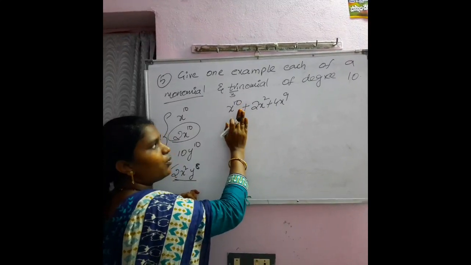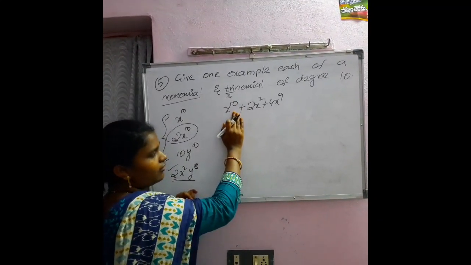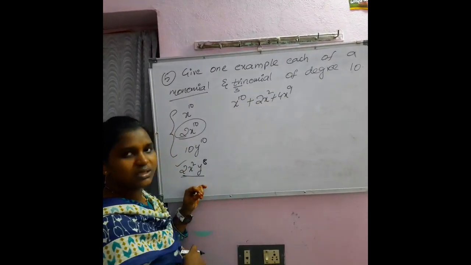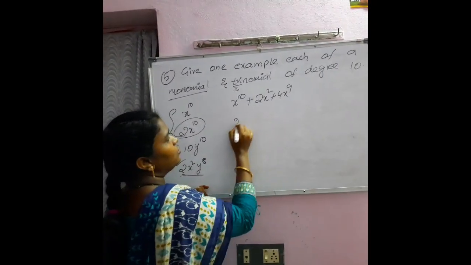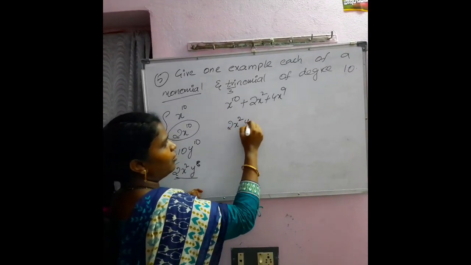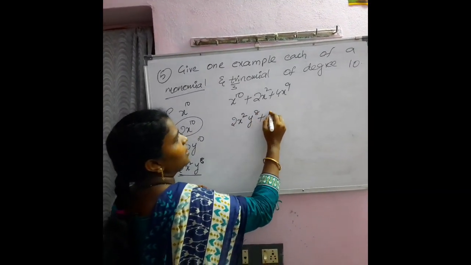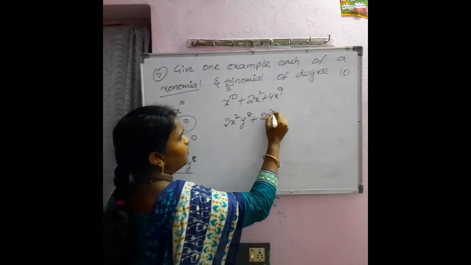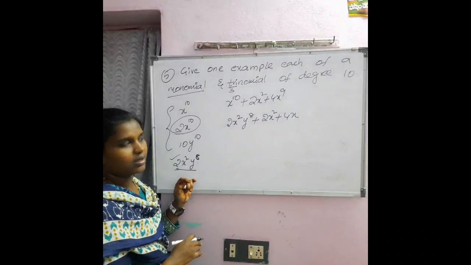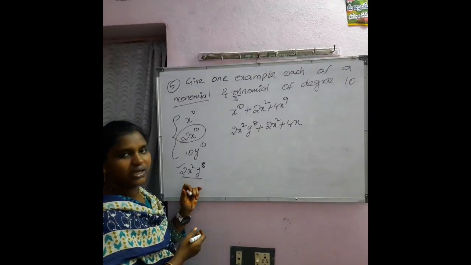So it is a polynomial of degree 10 and it is having 3 terms. So it is called a trinomial. Or 2x square y to the power of 8 plus 2x square plus 4x. It is a trinomial of degree 10.